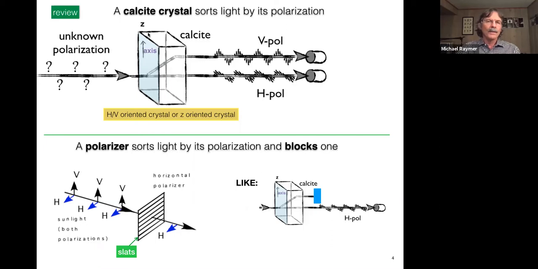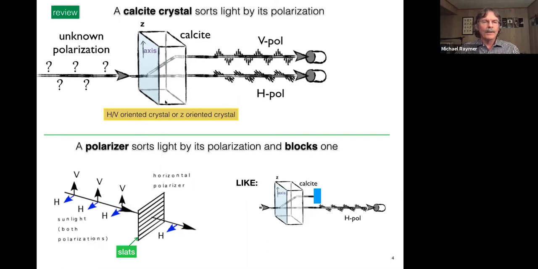If we rotate this crystal to 45, then the same crystal will be sorting light according to diagonal and anti-diagonal. And in fact, we can rotate that crystal to any angle that we wish and analyze in that different measurement scheme. Or we can use a plastic film polarizer.